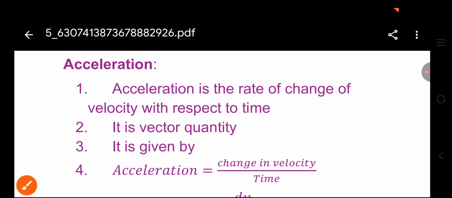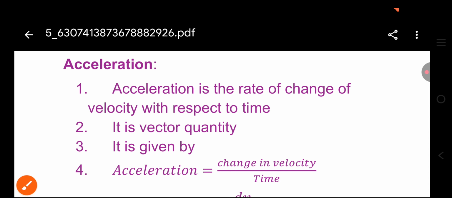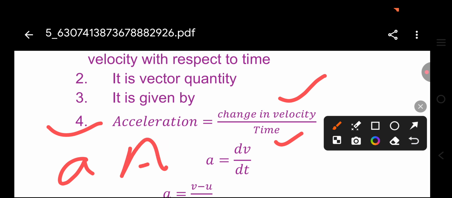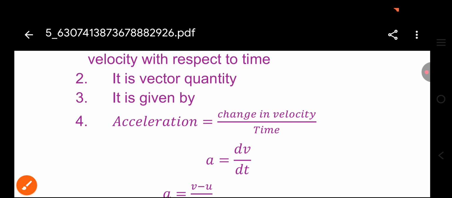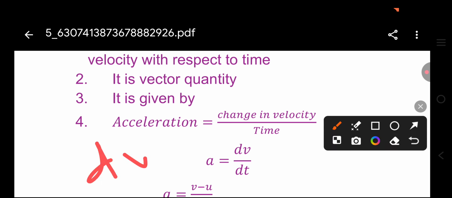The second point is acceleration is a vector quantity and it is given by the acceleration is equal to change in velocity upon time. Now the acceleration is denoted by capital A or small a, and the change in velocity is denoted by dv.